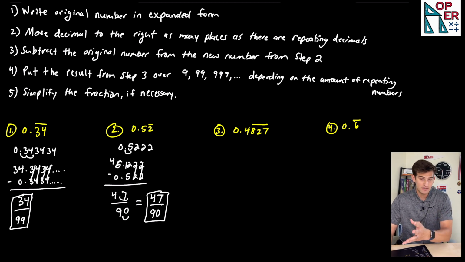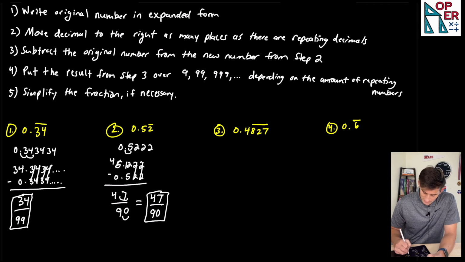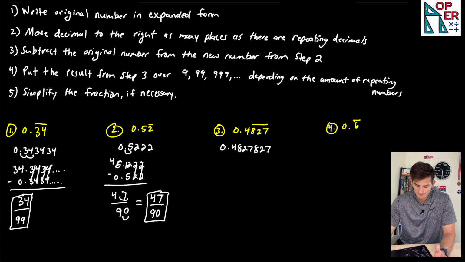All right, number 3. 0.4827, and the 3 digits after the 4, 827, are repeating. So when we expand this, 0.4827827, it would look something like that. Now we're going to move the decimal 3 times because we had 3 digits repeating. So 1, 2, 3.